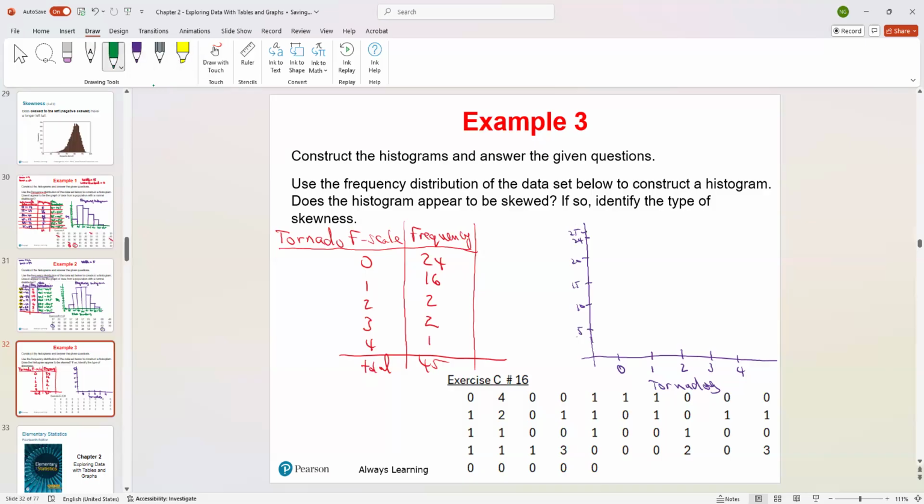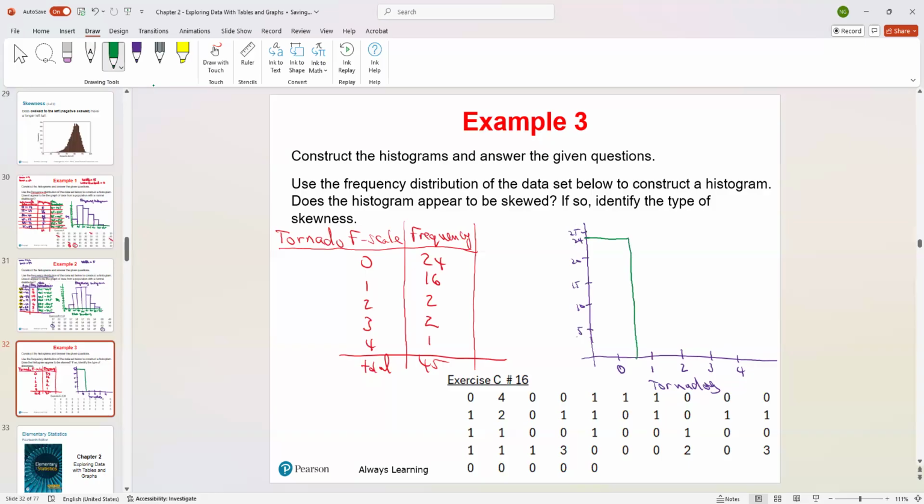Remember, the first bar must go up to 24. So for 24, we can go up here and fall exactly halfway after 0.